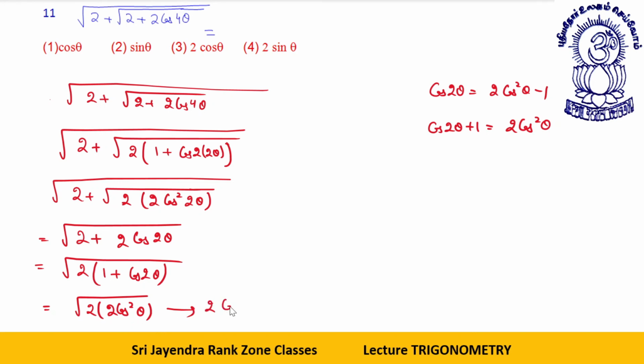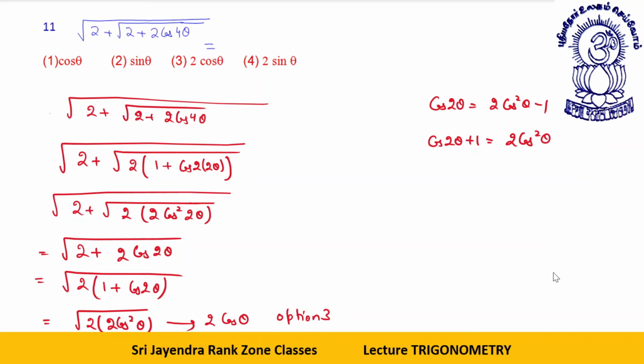Cos square theta will come out of a root as cos theta. So you have 2 cos theta. That is option number 3 is the answer. Okay, clear to all my dear students? Shall I proceed further?